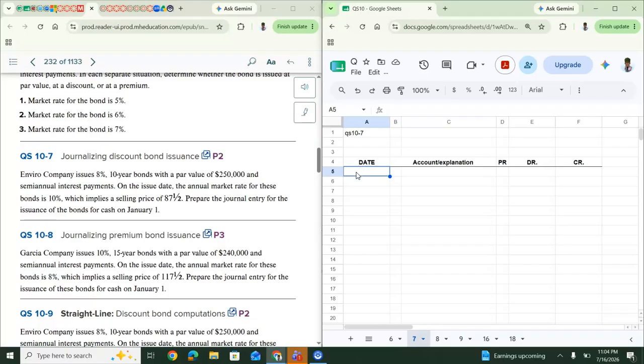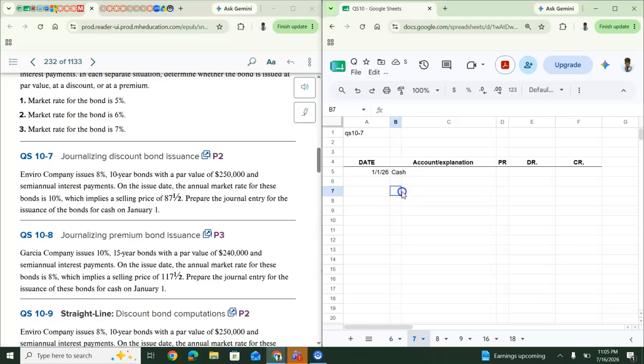So my date would be January 1 of whatever year I'm issuing them. And then the next thing is, because I'm the bond issuer, I'm actually the one borrowing the money. So I'm going to debit cash, or whatever the proceeds are. And then I'm going to skip a row, just so that you can put the discount and the premium here.